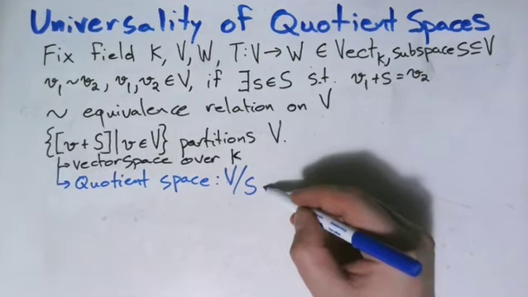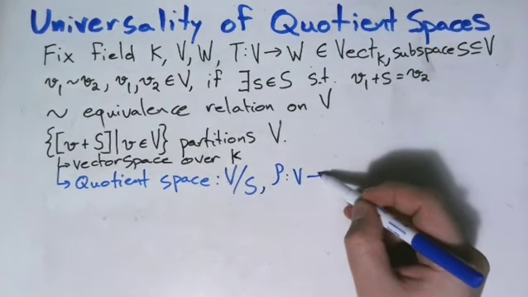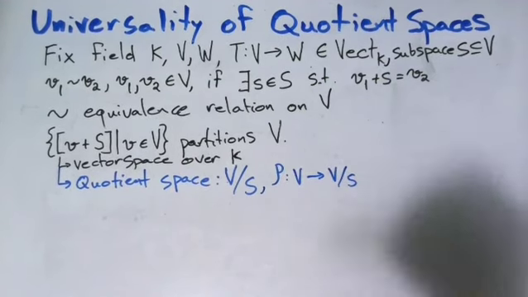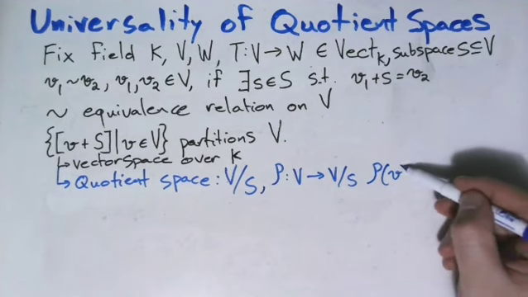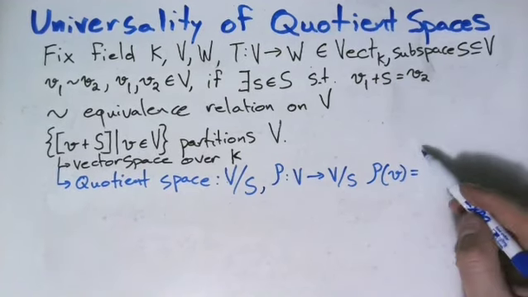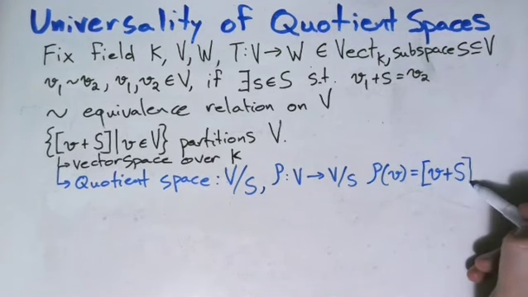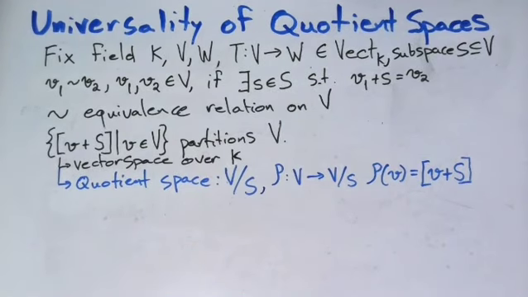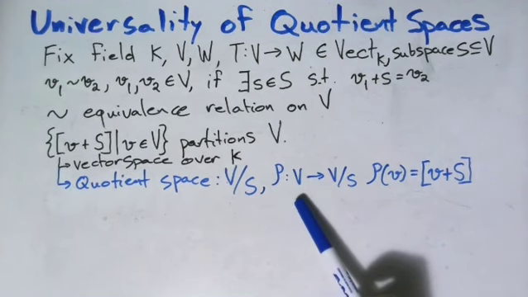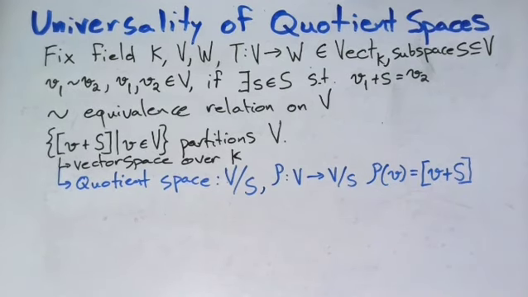And so the mapping rho from V into V over S, the quotient space, defined by rho of V is equal to the equivalence class V plus S, is going to be a well-defined function. We call this function the canonical projection. So the canonical projection projects a vector space V into the quotient space over some subspace S.